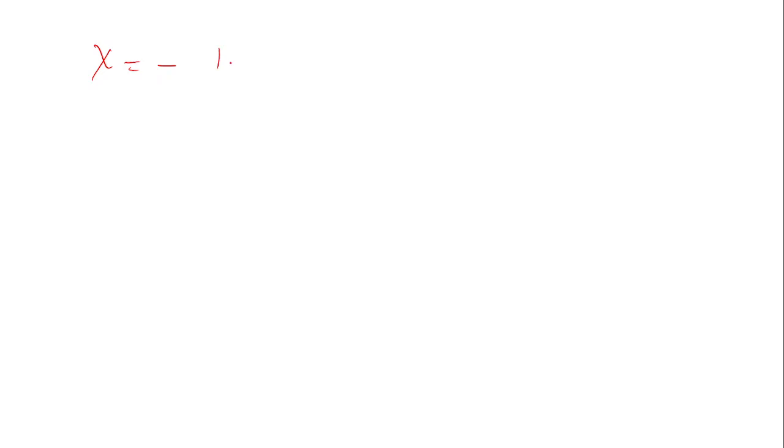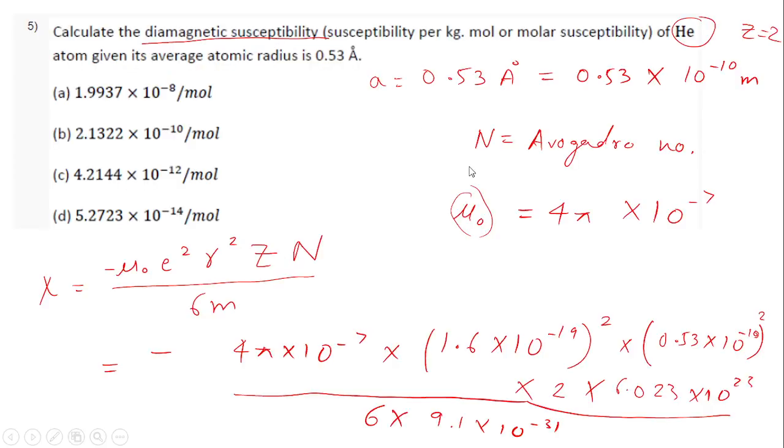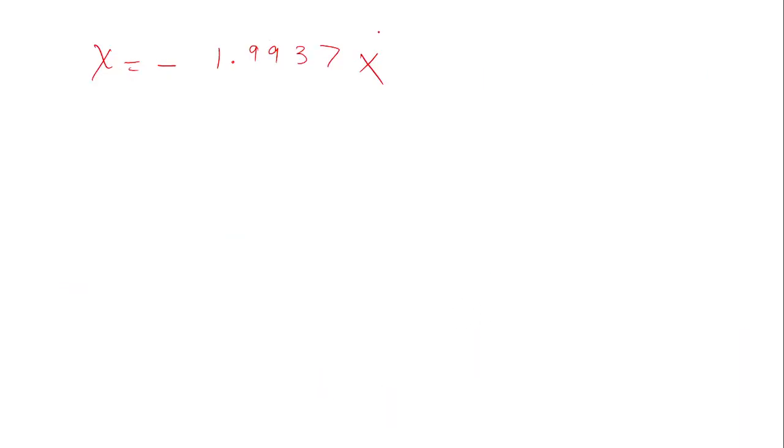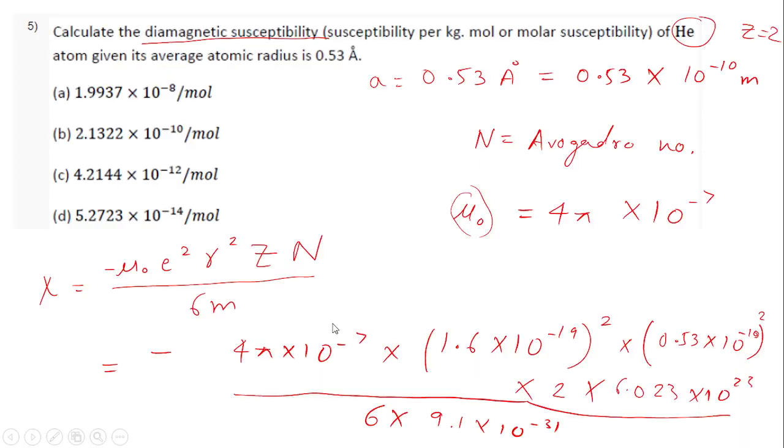Minus 1.9937, and the powers 10 to the power minus 7. So I've just calculated all these magnitudes. Now we'll take care of these powers.